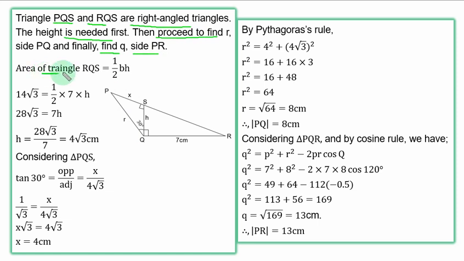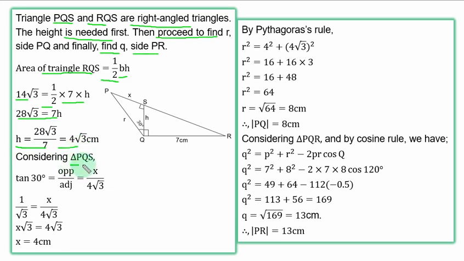Area of triangle RQS is 1 over 2 times base times height, and that area is given as 14 root 3, equal to 1 over 2 times the base 7 times height unknown. You have it in this form. When you cross multiply and make h the subject, h is 4 root 3 centimeters.